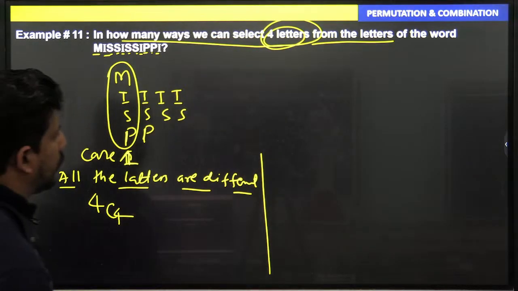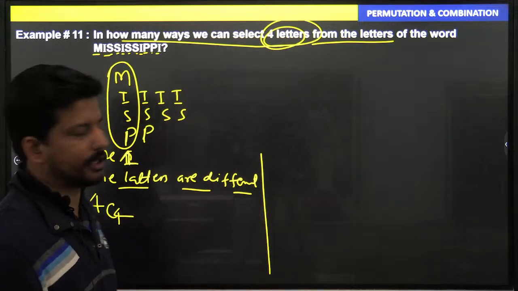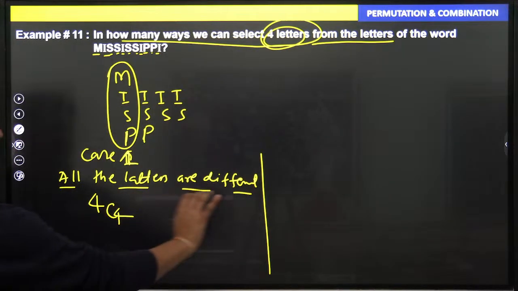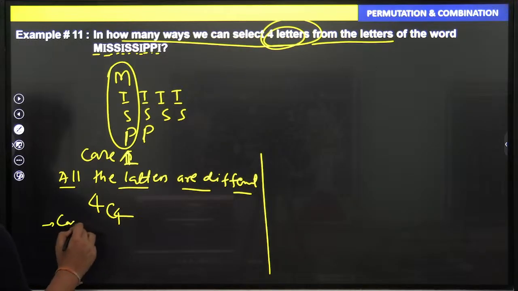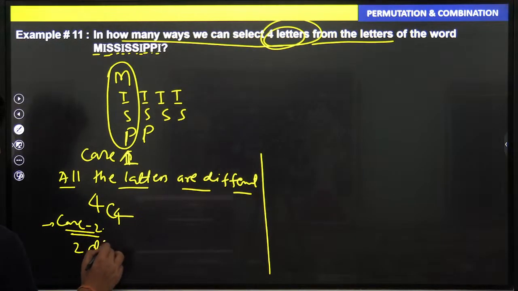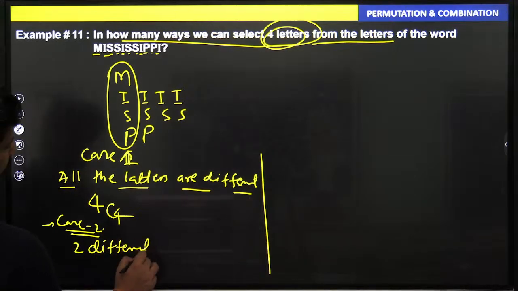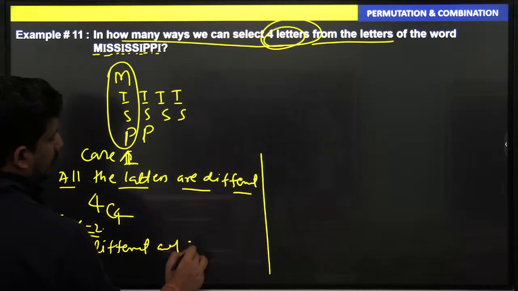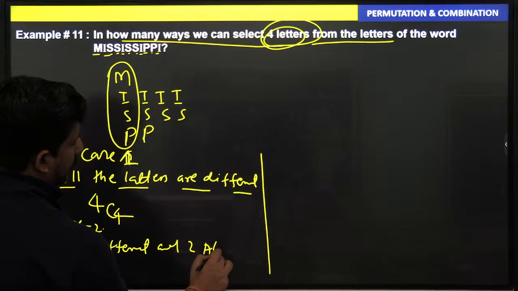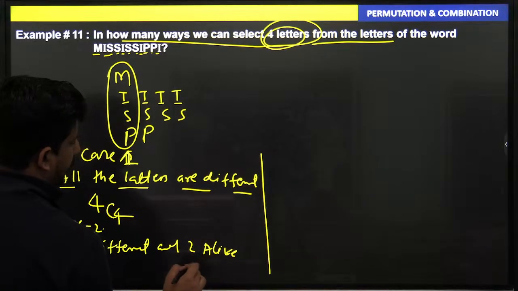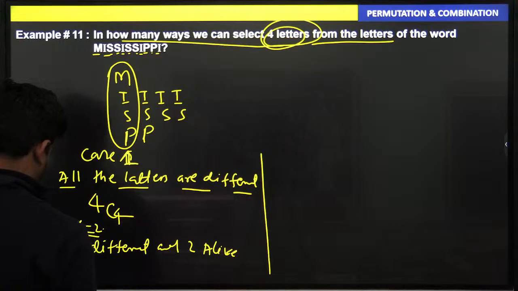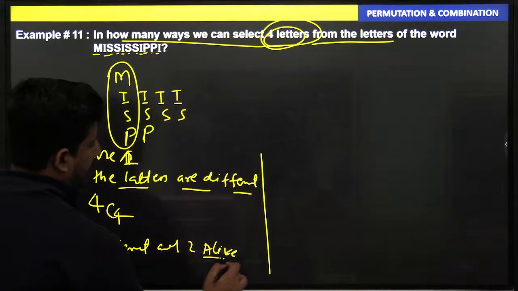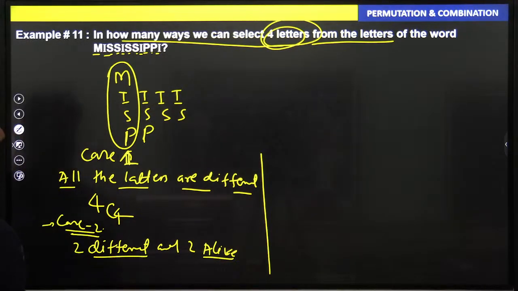Now 2 different and 2 same. Case 1 is all the letters are different. Case 2 is 2 different and 2 alike, meaning same.